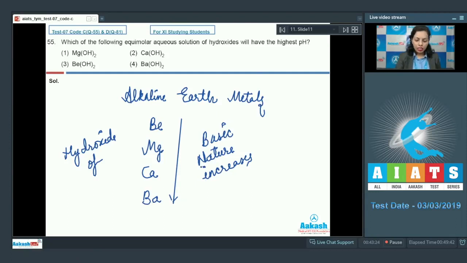And on this basis, this option 4 becomes the correct option for this particular question, because barium hydroxide would be most basic and that would have maximum pH, highest pH.